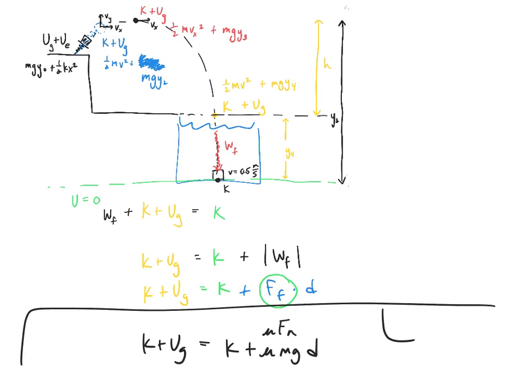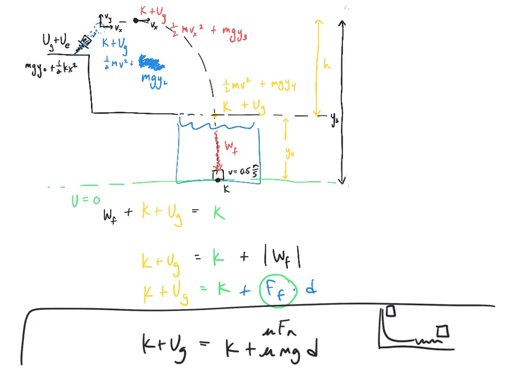If we had a problem like this. Take a look. The object is released from a ramp. It slides down. It's about to hit the floor there. And then it starts to slow down when it hits this friction-filled area. This is a good example where we have kinetic and potential in the very beginning at the top here.